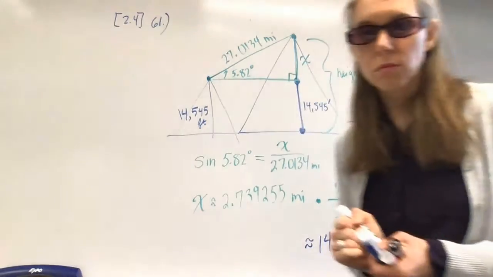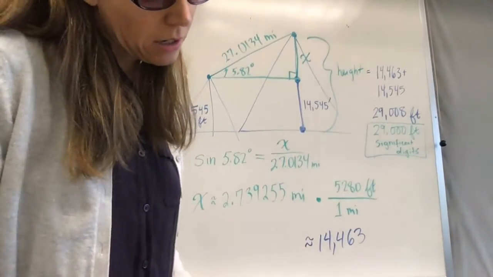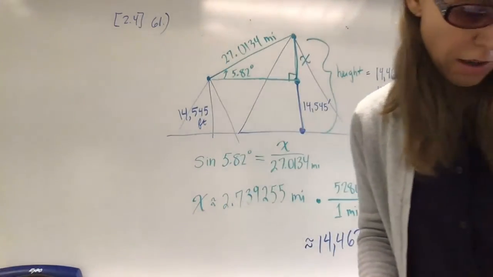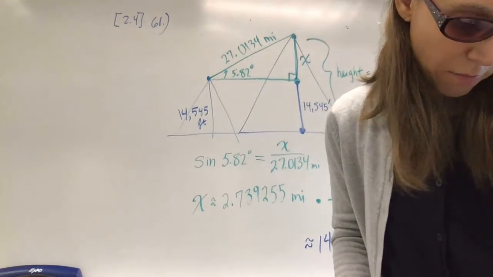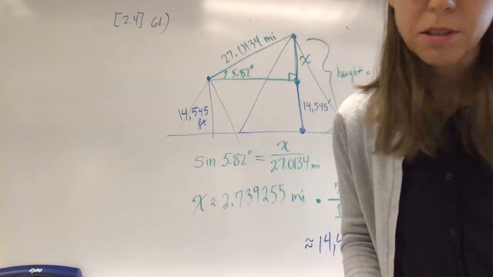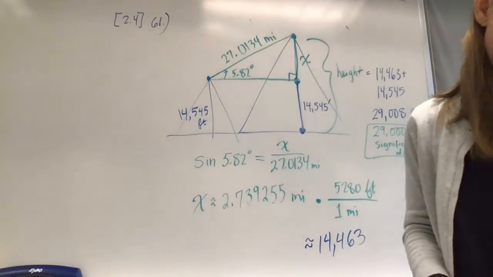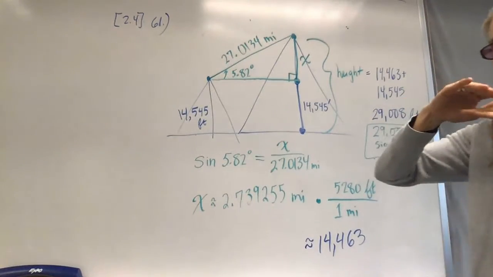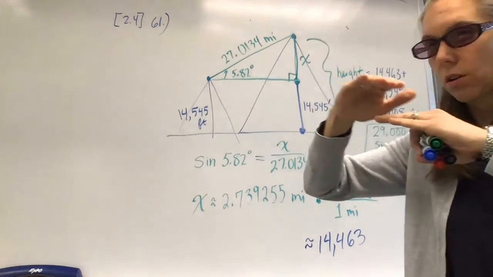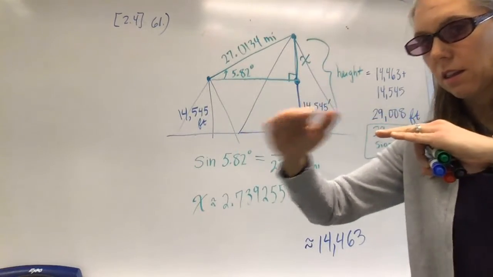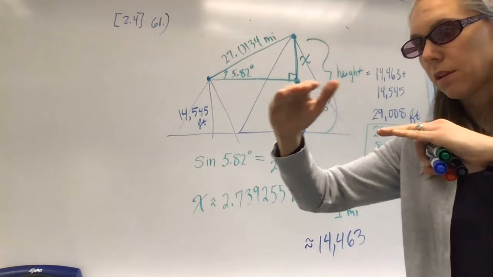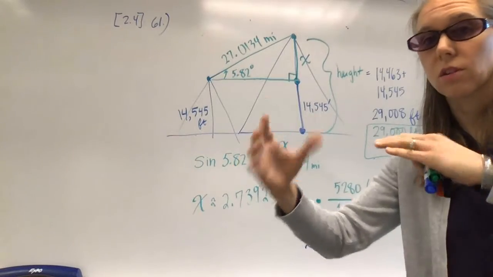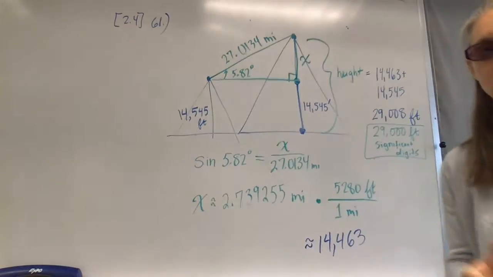All right, now from there it says in the actual measurement, Mount Everest was over 100 miles away, and the curvature of the Earth had to be taken into account. Would the curvature of the Earth make the peak appear taller or shorter? If the Earth is curving, then the mountain would be appearing to be shorter, and they would have to take the curvature of the Earth into account in order to do this problem.